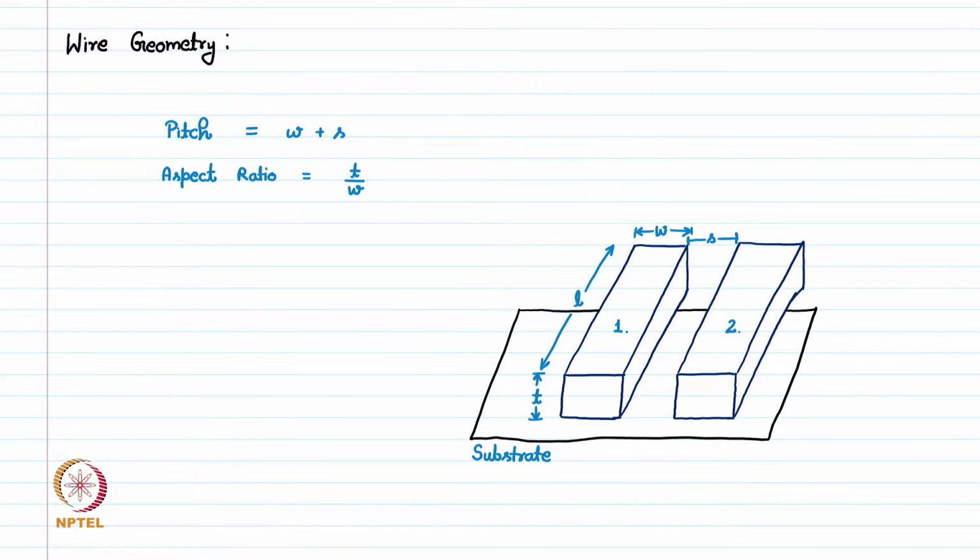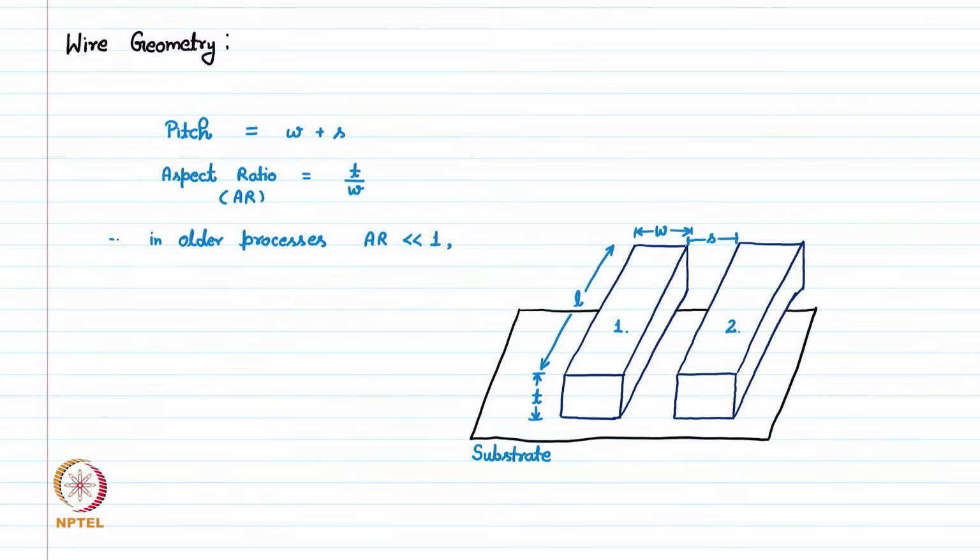In old processes, this aspect ratio, let us call it AR, was very much less than 1.